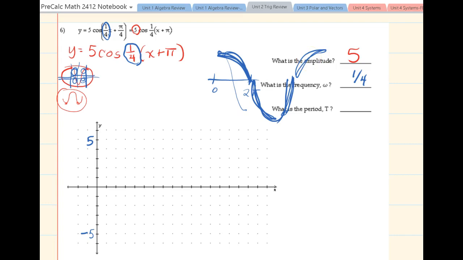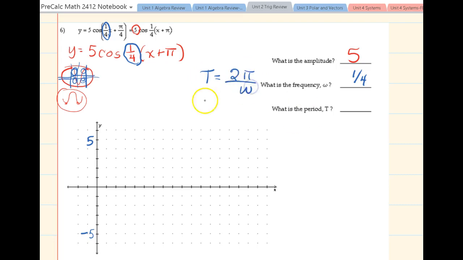So it actually is going to be stretched horizontally, meaning that we need to go find our period. Period is found by getting our 2 pi and dividing it by our omega. In our case, we're going to get 2 pi and divide that by 1/4.